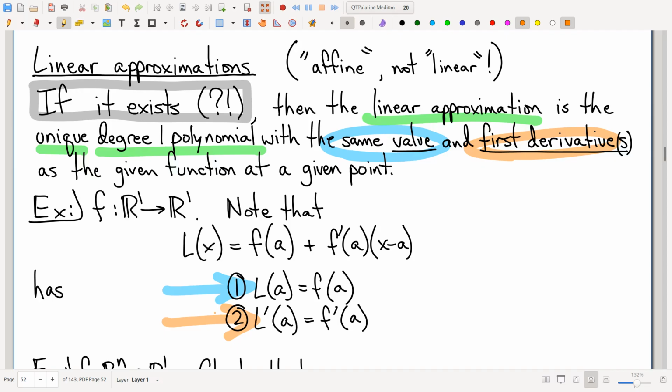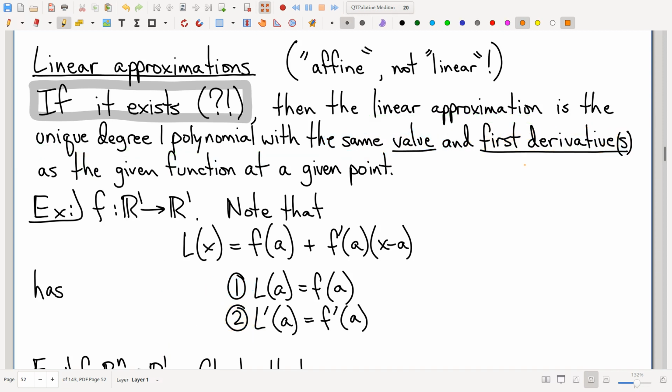It's copycatting. It's trying to impersonate f in value and derivative at the point A. And there's exactly one degree 1 polynomial that'll do that. In many cases, I should say. So that is a little asterisk that I have to come back and recognize here.